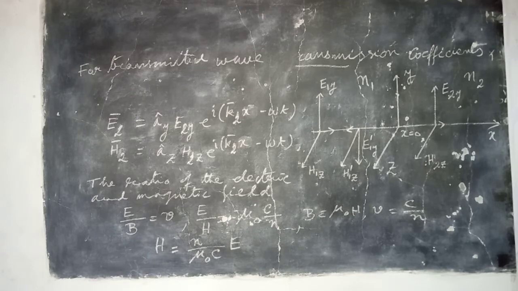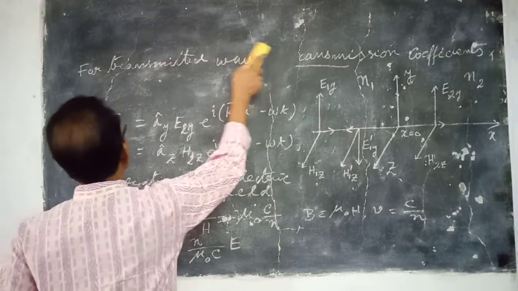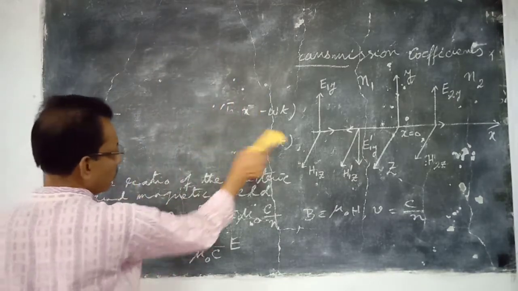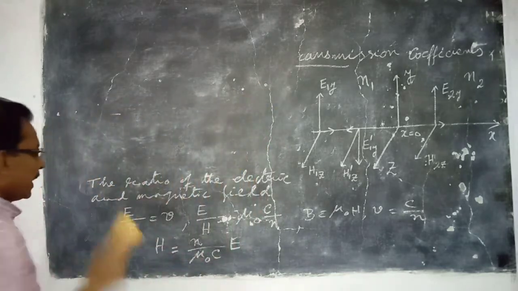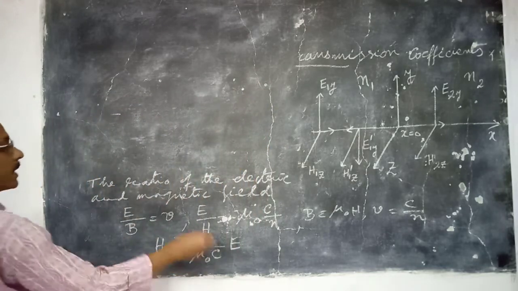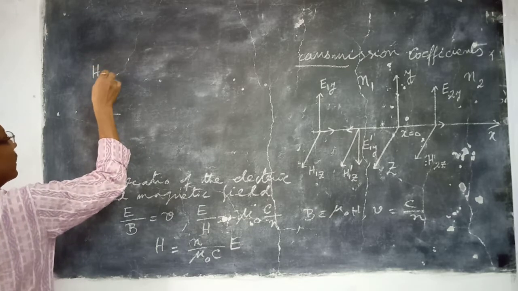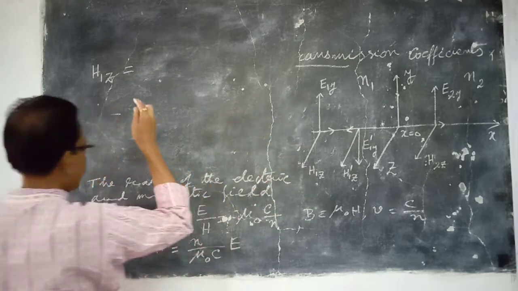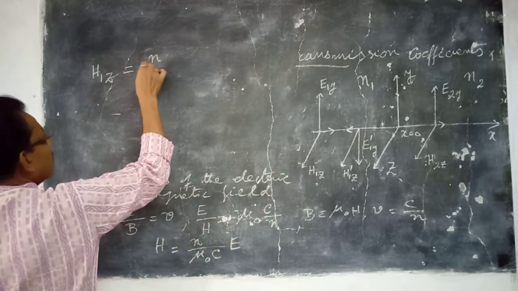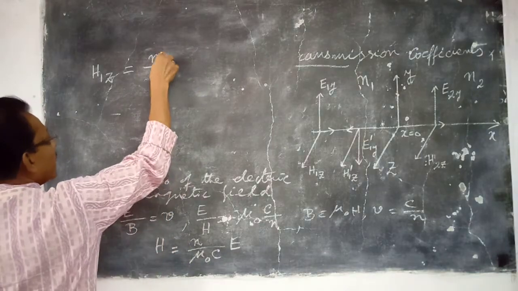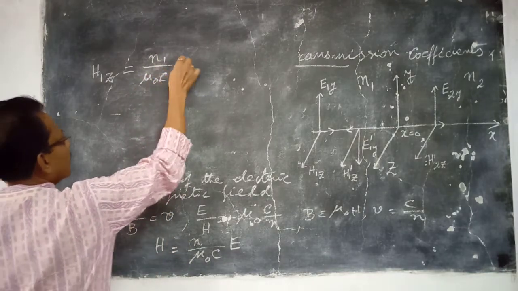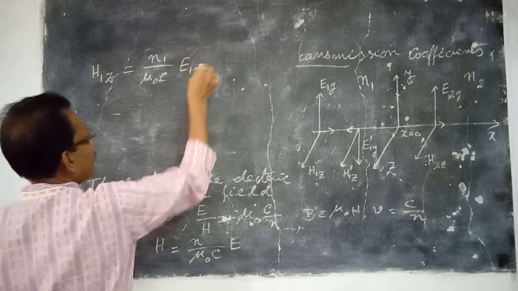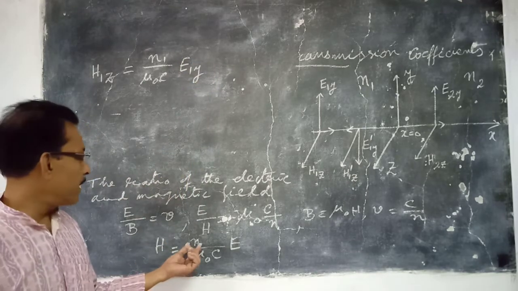Therefore, H1z is related to E1y as n1 by mu 0 C times E1y, because in the first medium n is n1.